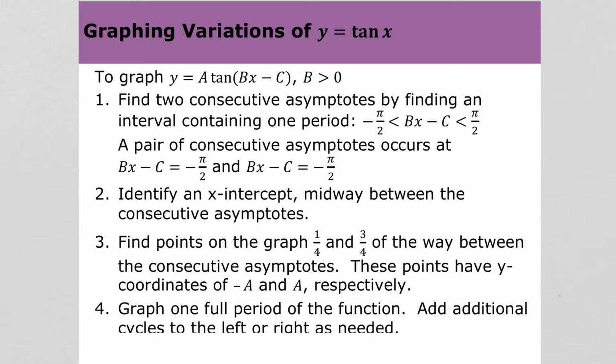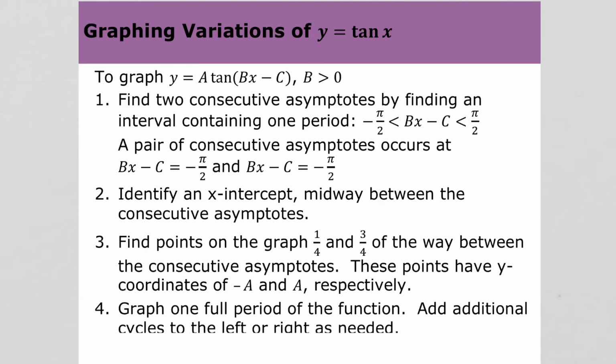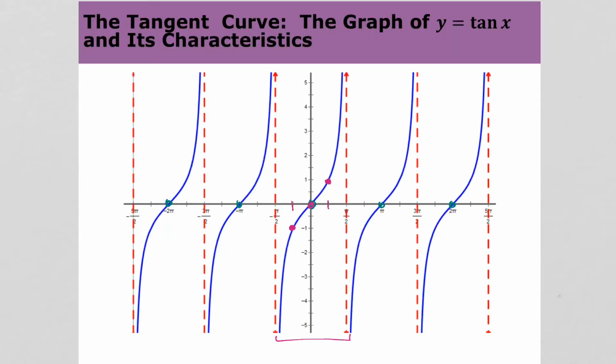Then to identify the x-intercept, which for just tangent was at 0, 0, there's the x-intercept, or depending on if it's moved up or down, it could be the point of inflection, I call it, where it goes from being curved down to curved up.